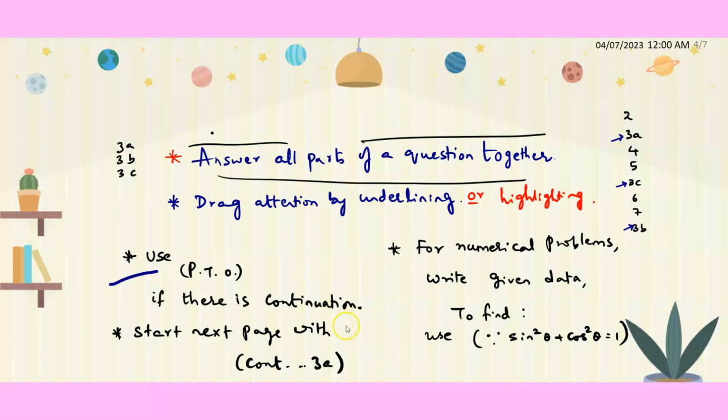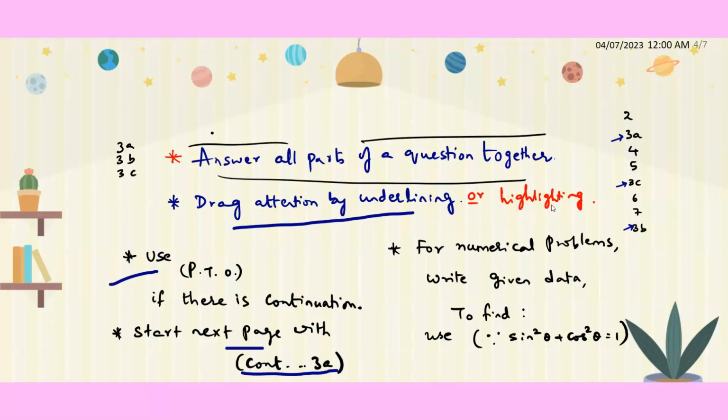And in the next page you start with the continuation, continuation of which answer, 3a answer or 2b answer. That will also improve the presentation, and that fellow will know that he is still reading that same third answer only. So it is like drawing attention by underlining or highlighting.